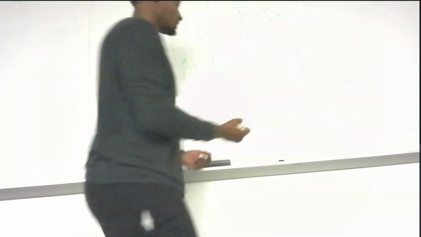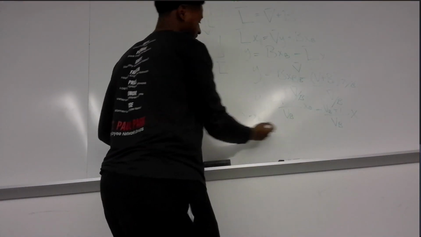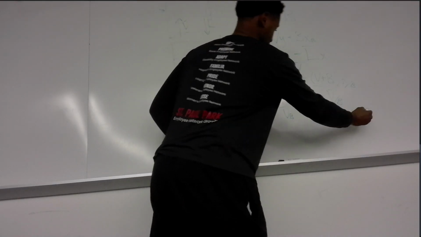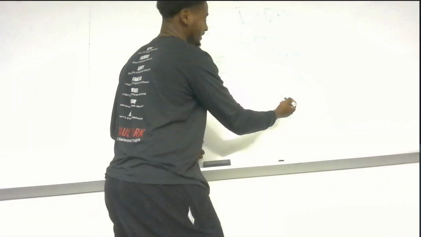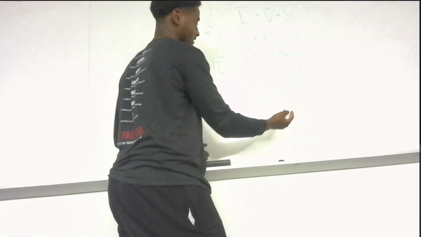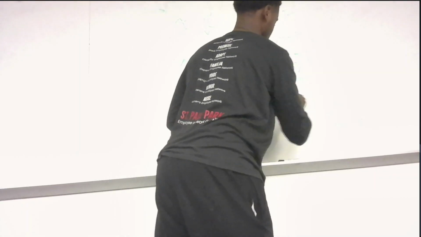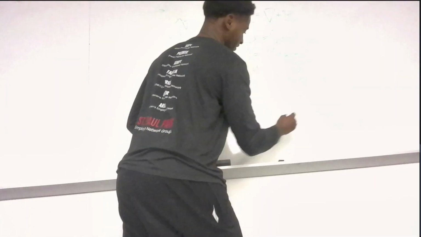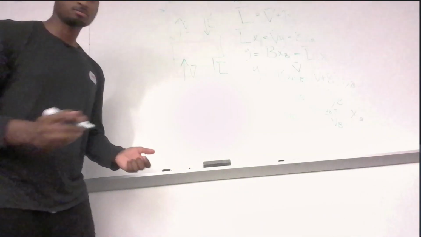And once we do that, we're able to see that we have a similar situation where this just becomes xb, and we have common denominators, right? And then when we combine these two together, we're able to see that the ones here cancel out, and we're left with VB over VB, which equals 1.